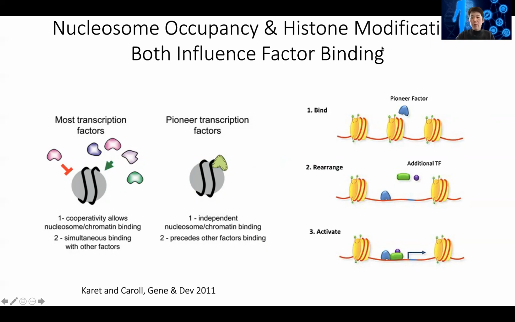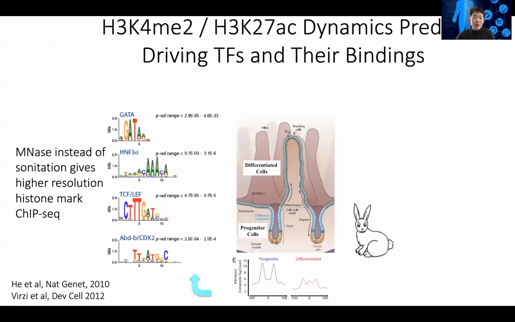And so overall, you will see a broad peak. Maybe the middle is slightly lower, but overall you will see a strong peak. But if you use digestion to get mononucleosomes and then sequence, what you will see is that there's one peak in here, another peak in here, and the middle will actually be lower signal, and you can actually get a good resolution of the signals.